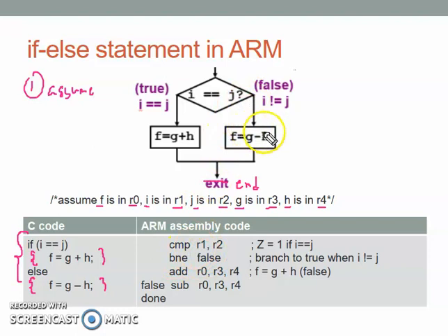False means that afterwards it will execute F equals G minus H. In other words, BNE false, branch if not equal to false, it will go to this label. This label must hold the statement for false, which is SUB R0, R3, R4. So R3 equals G, R4 equals H, G minus H, and then insert into R0, which is F. Okay, so this is our statement.